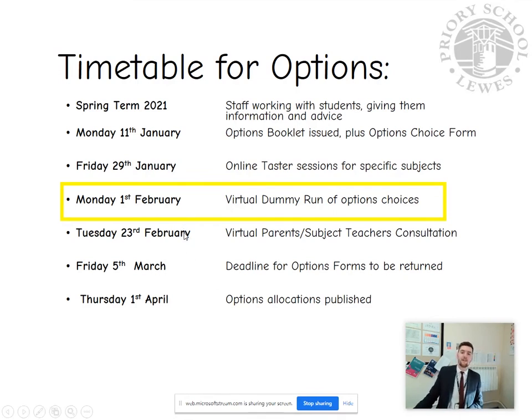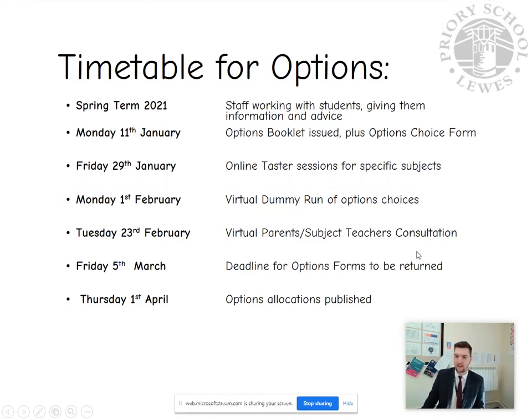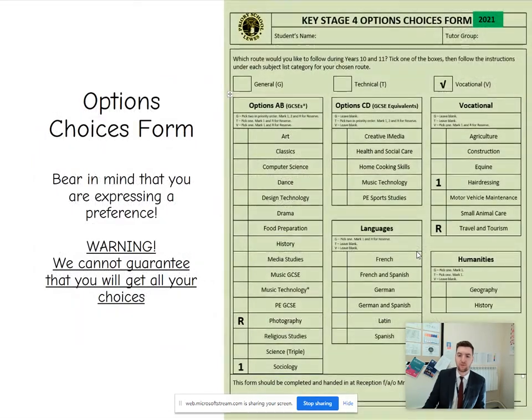On the 23rd of February, we have Year 9 Parents' Evening, where you can speak to those subject teachers, learn a little bit more about what it's like at GCSE, and your parent or carer can also ask some questions to that teacher as well. Friday the 5th of March is the absolute final deadline to get these forms in. I'm hoping we'll be in school so that you can bring the paper version in, which we'll give you in your tutor wallets.